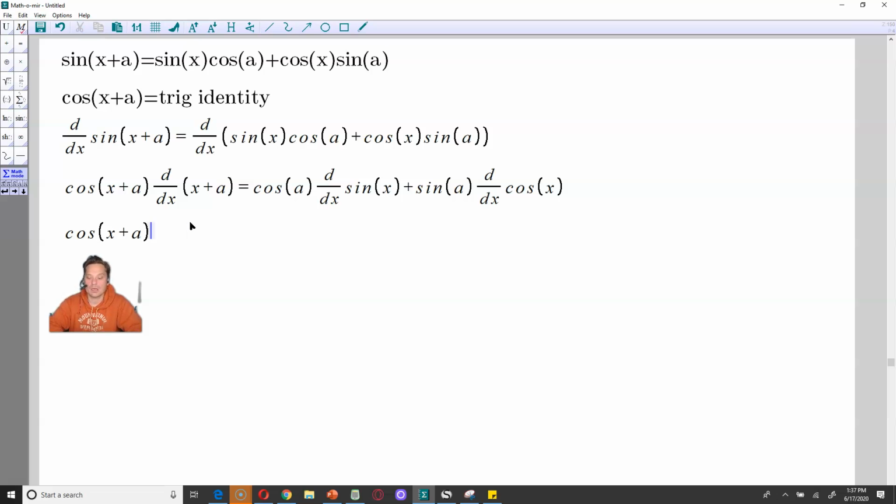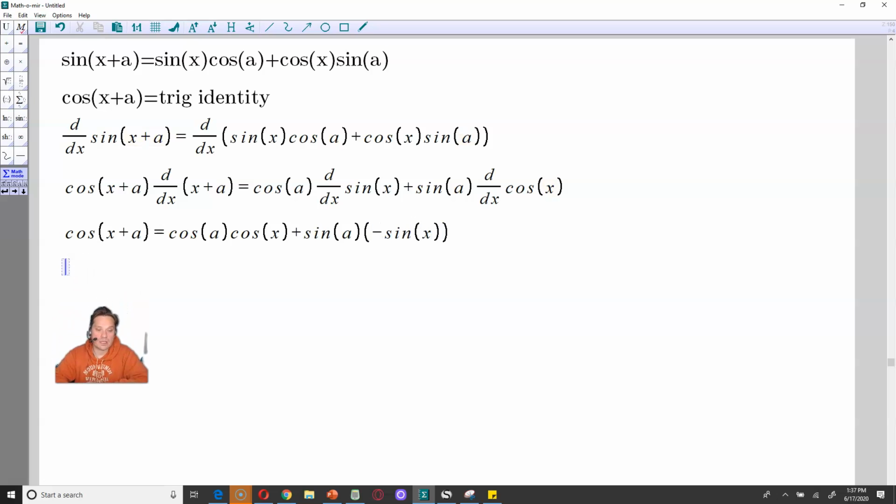That's it. Now on the right side, cosine of a is constant. The derivative with respect to x of the sine x part is cosine x. And then after the plus, that would look like plus sine a, again constant because a is constant, and the derivative with respect to x of cosine x is negative sine x. Now notice on the left side, when you clean this up, I have cosine of x plus a, which is what we've been looking for.